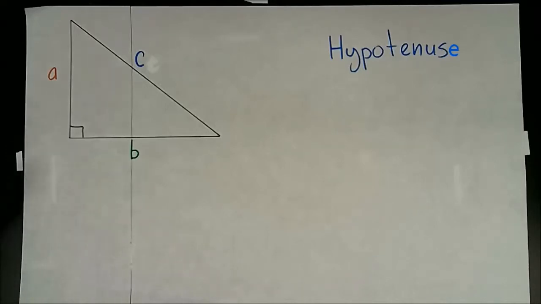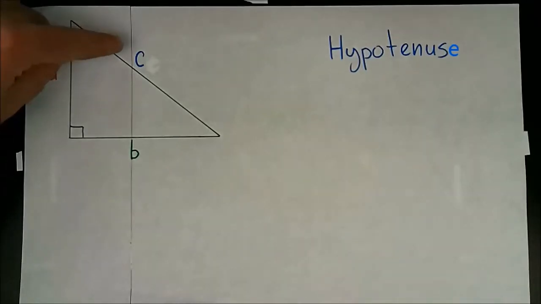Here I've labeled the sides A, B, and C. In a right triangle, one of the sides is always longer than the other two, sometimes by a decent margin. And we call this side the hypotenuse, and it's labeled with a C here.